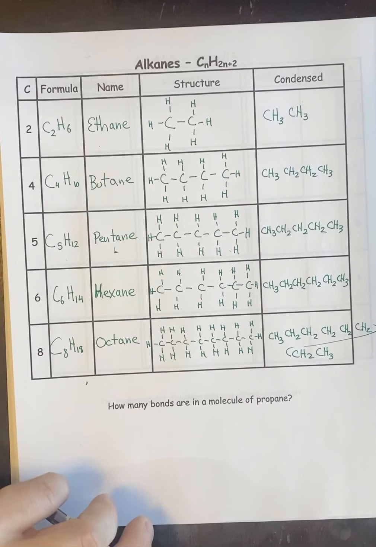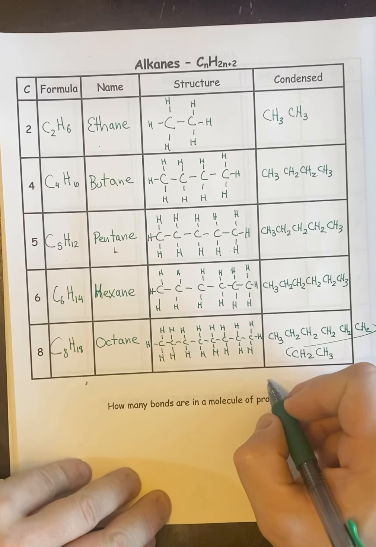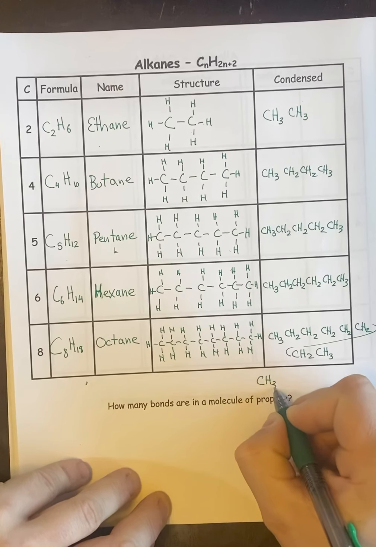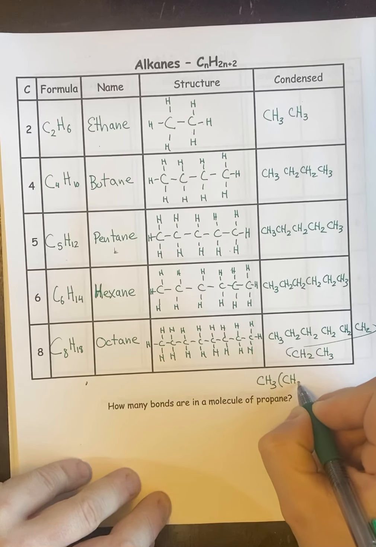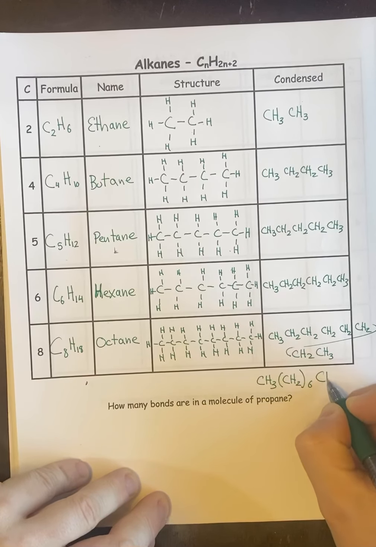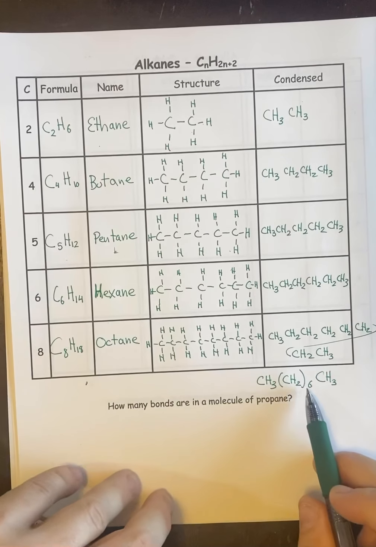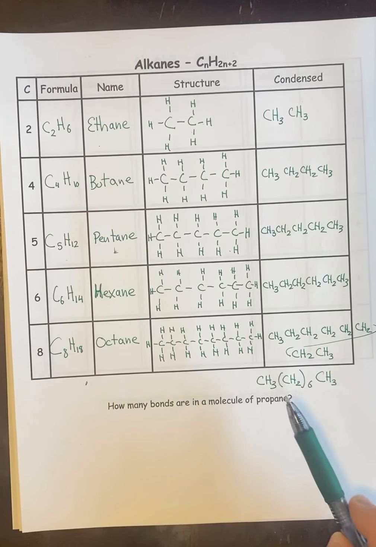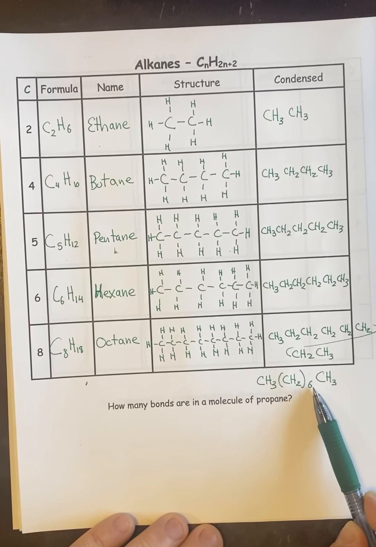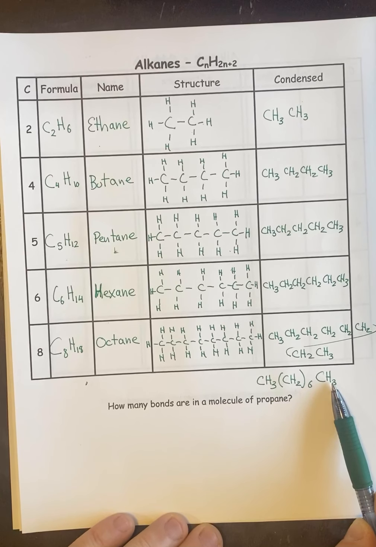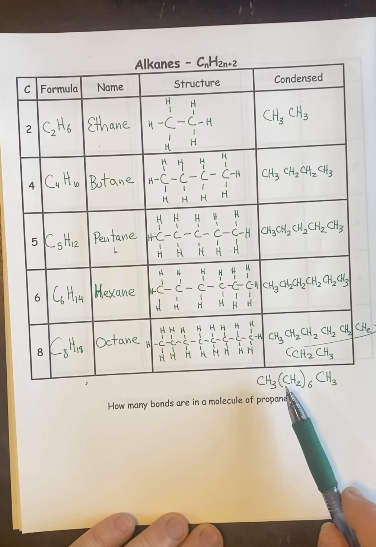That's fine. There is a faster way to do this, but you don't get to do it until you've graduated. This means the same thing as that. It's basically saying I just take the CH2 and repeat it 6 times in a row, and then I end with the CH3. You don't get to write that on the Regents ever.